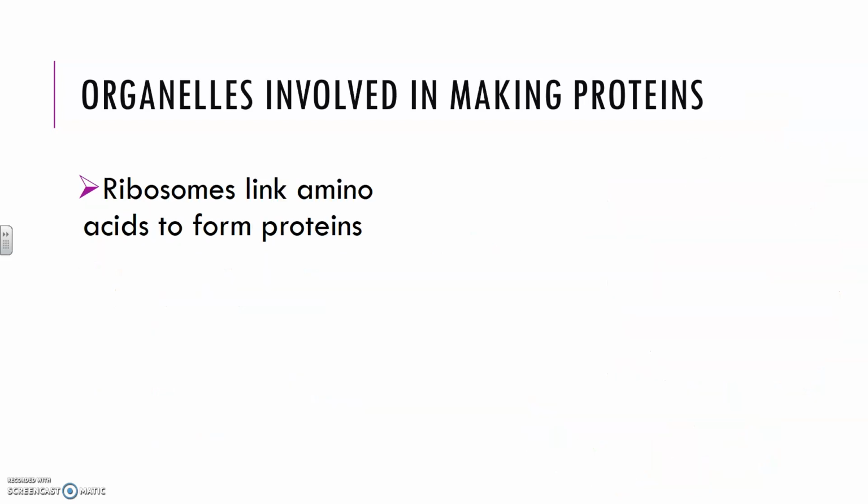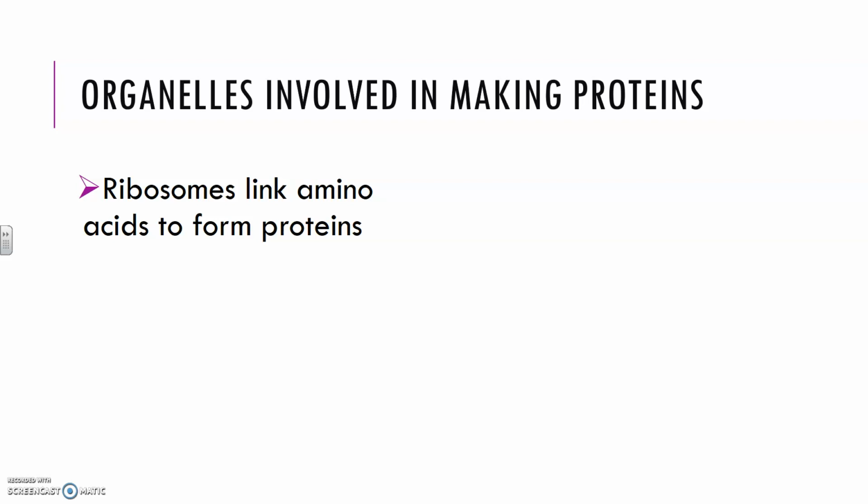Ribosomes are incredibly important in making proteins because they actually link the amino acids together. The ribosomes take the genetic information from the RNA that made a copy of it from the DNA, and then they start reading it and putting it in a usable format of amino acids.